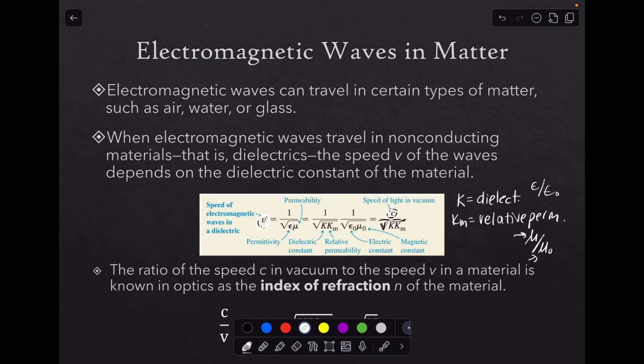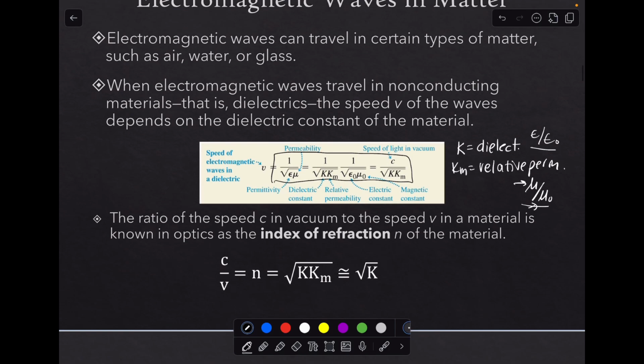And so you can express this in a couple of different ways, just by using all these relationships here and the relationships from previous slides. So there's a couple of different ways that we can write the velocity of an electromagnetic wave in a material, in matter. And as foreshadowing, we'll be talking about this index of refraction a lot.